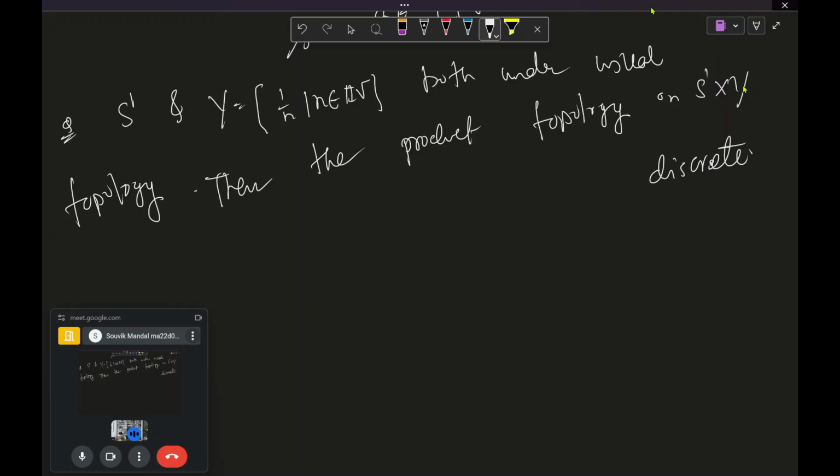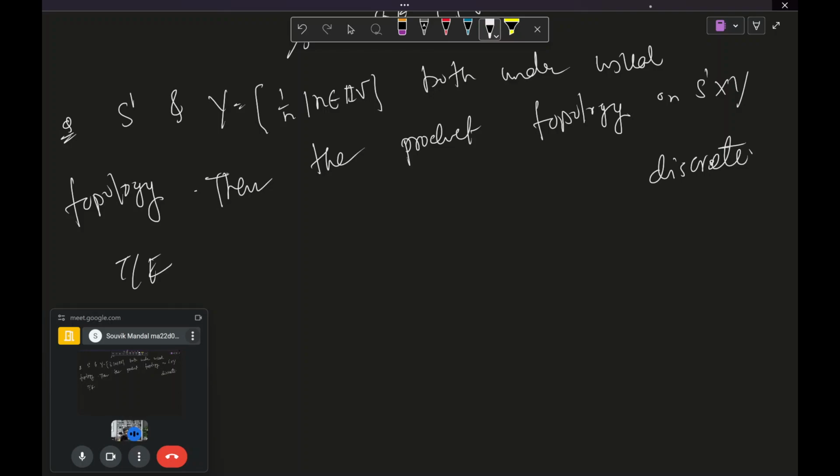Of course, the product here doesn't matter, but anyway, you need to show that the product is discrete. This means you need to check that singleton sets are open. Somehow you have to do this. So we need to check whether this is true or false.